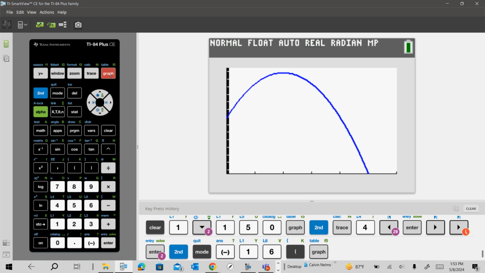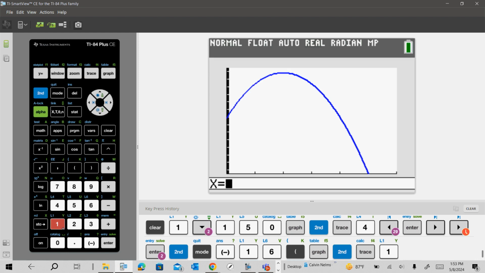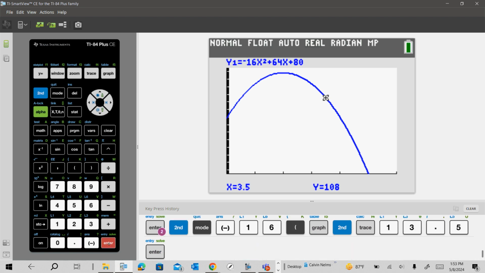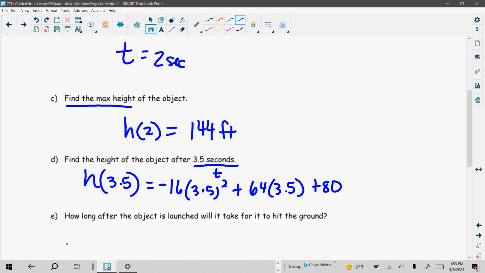Or because I have it graphed, I can go to second trace and use the value key. So now we're trying to find the value on the graph when the x is 3.5. So I'm just typing in 3.5, and we see it's 108. Okay. So our answer here is 108 feet.